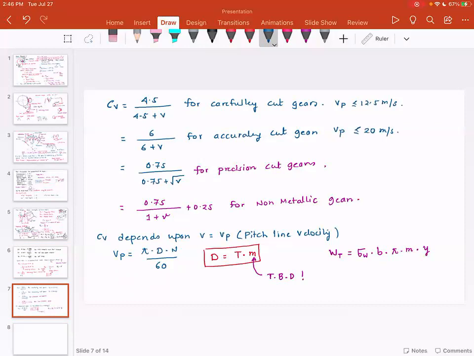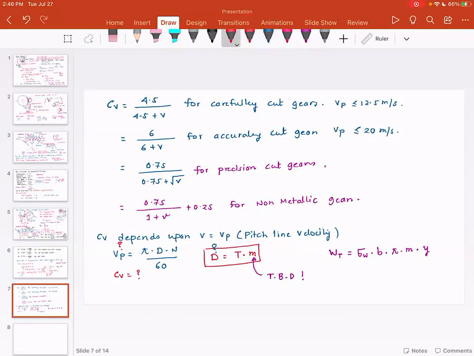So the value of T is known, but the value of M is not known, which means the value of diameter when we are starting the design is unknown. Since the diameter is unknown, clearly the velocity is unknown. Since velocity is unknown, the velocity factor is unknown.